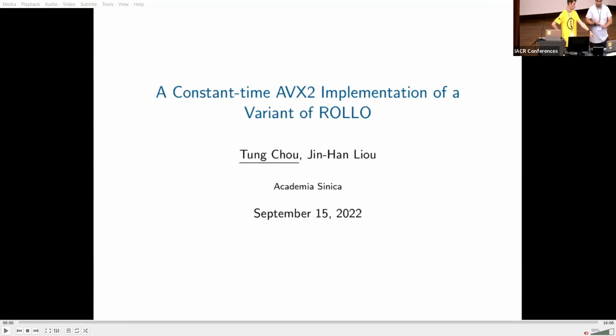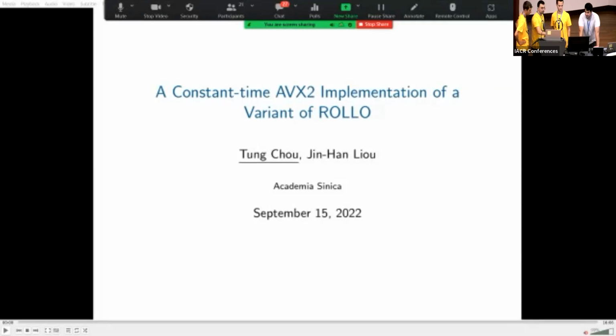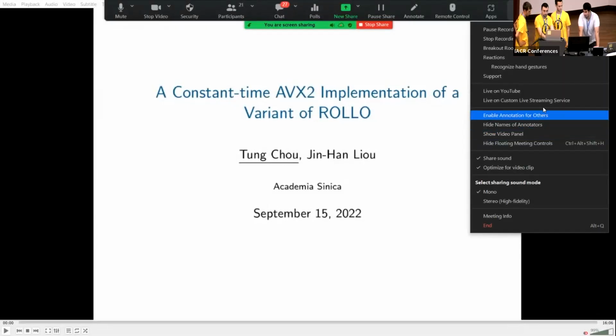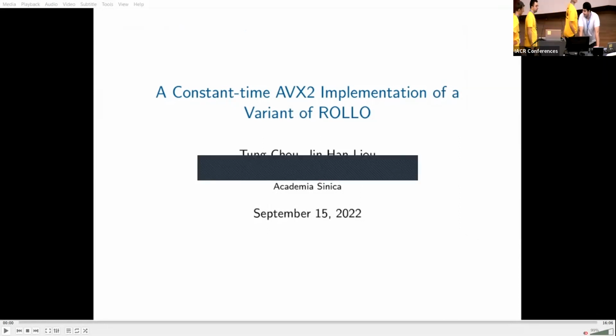Whenever someone is making noise, you can mute them. Can I just remove this? Yeah, you can unplug it and use it. Okay. Okay. And I just started. Okay.